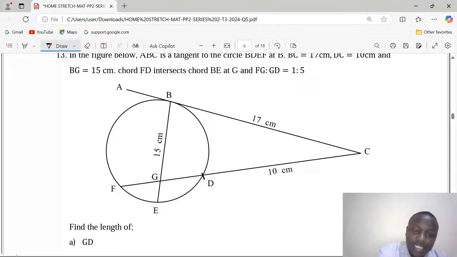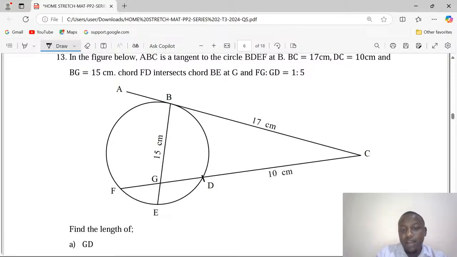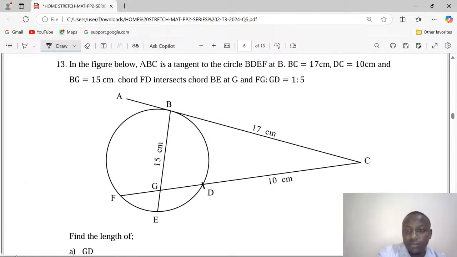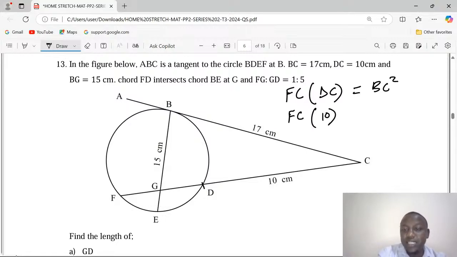When chords are intersecting externally, then when we take the whole length FC and multiply by the outer portion DC, we are supposed to get the tangent squared, BC squared. So FC is unknown, multiplied by 10, DC, we will get 17 squared.